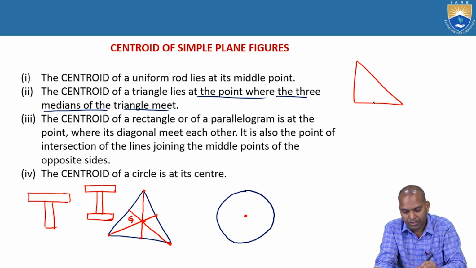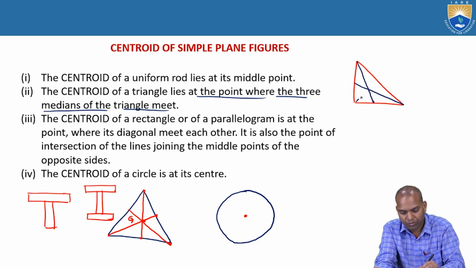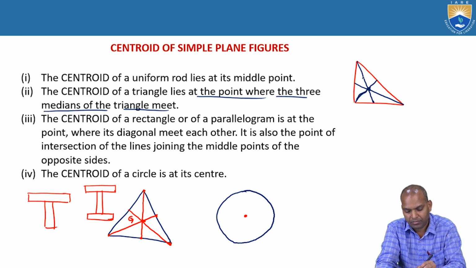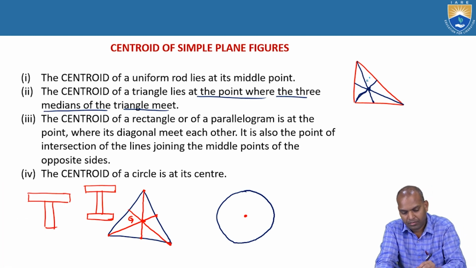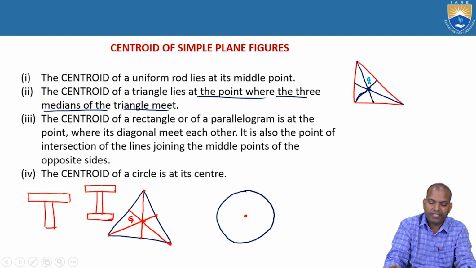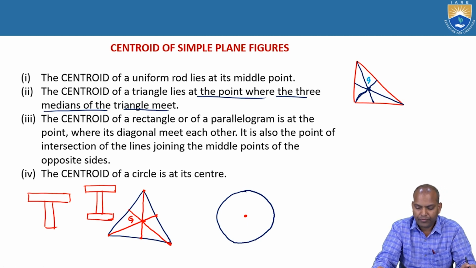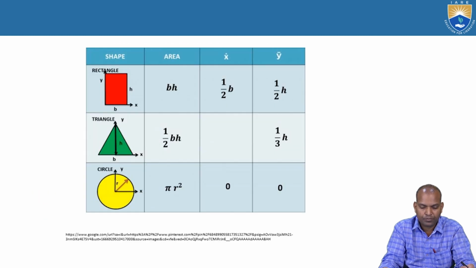Yes, join the medians; three medians meet each other at one point. This is known as the centroid of a right angle triangle. Thus, we have to find out centroids for simple plane figures.